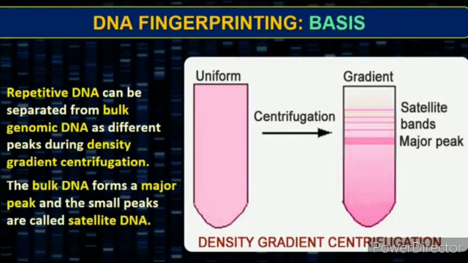These repetitive DNA are separated from bulk genomic DNA as different peaks during density gradient centrifugation. The bulk DNA forms a major peak and the other small peaks are referred to as satellite DNA. Okay, satellite DNA.